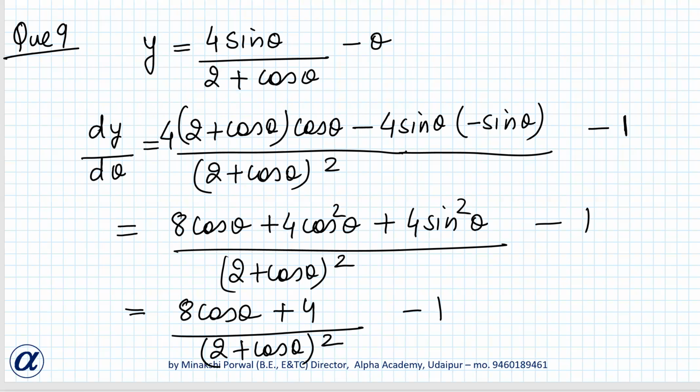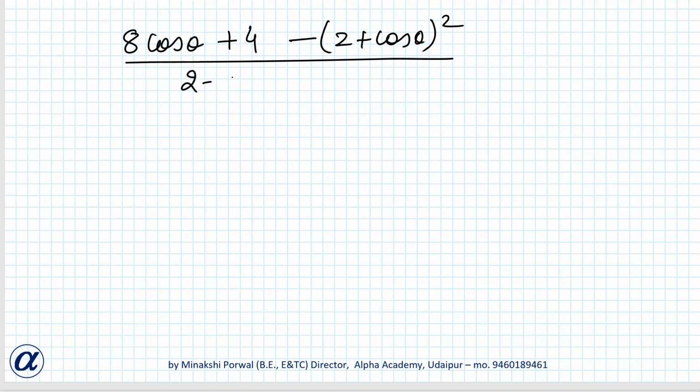Now taking LCM, it will be 8 cos theta plus 4 minus (2 plus cos theta) the whole square, upon (2 plus cos theta) the whole square.